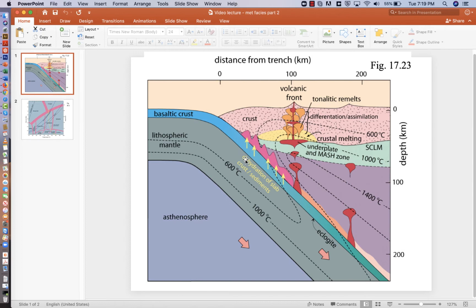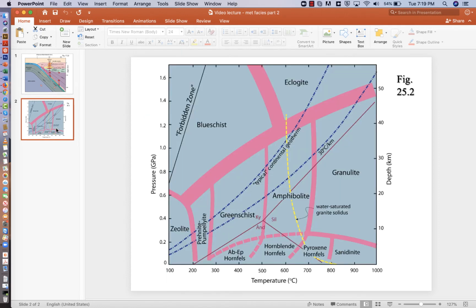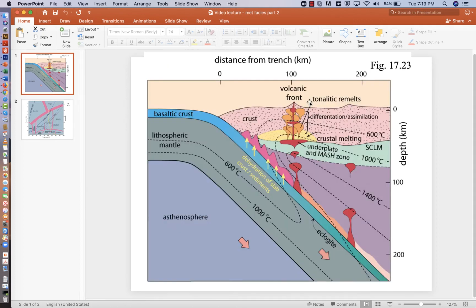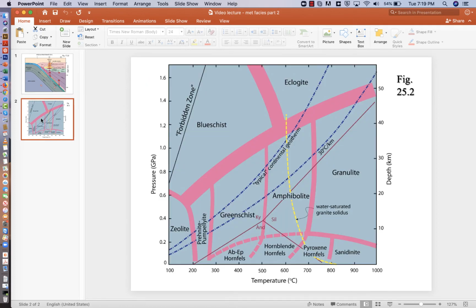But what I want to do this time is something that'll be kind of challenging. What I want to do is map metamorphic facies onto this diagram. And what we're going to do is use this metamorphic facies diagram we talked about in the last lecture, and place the greenschist, amphibolite, granulite, eclogite, and blueschist fields onto this diagram here. We'll skip the low temperature stuff, so don't worry about zeolites, prehnite, pumpellyite, or any of the hornfels.